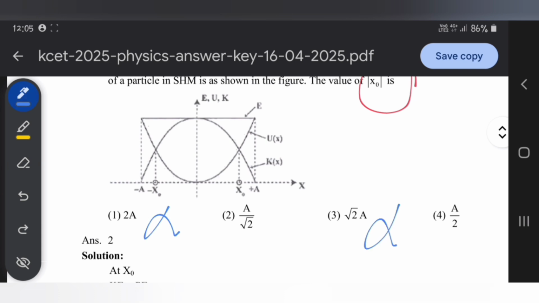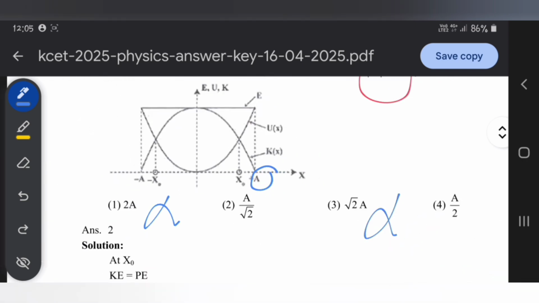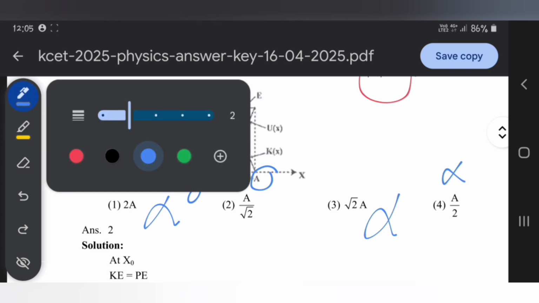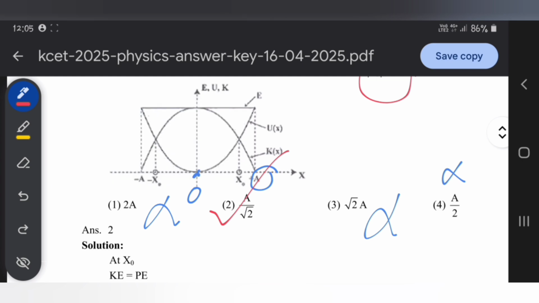But this is the origin, and a, x naught is not in the exact half of 0 and a, right? So definitely this cannot be the answer. Then the remaining answer is nothing but option number 2.